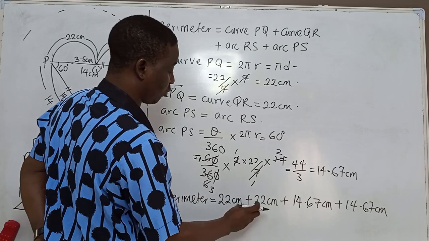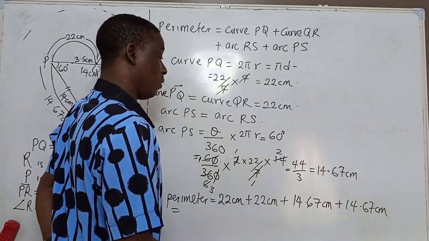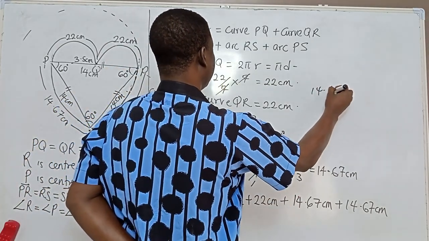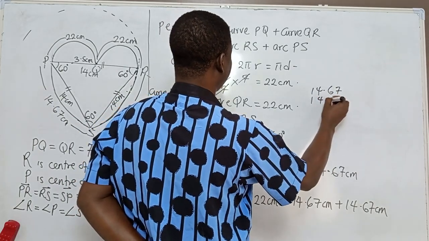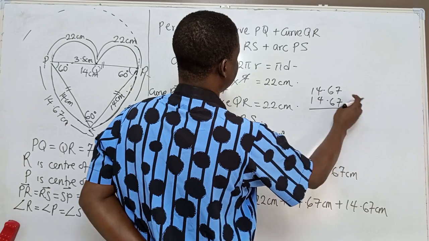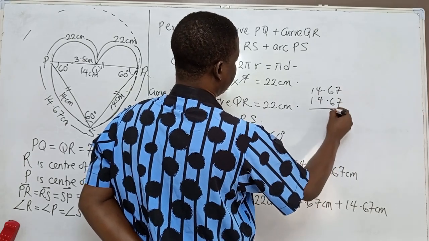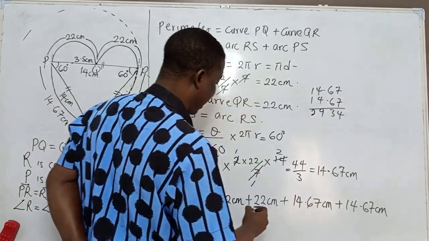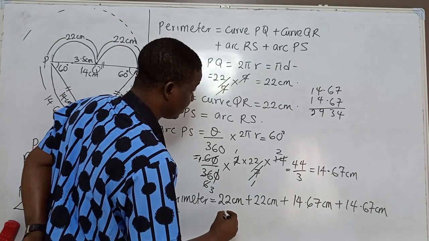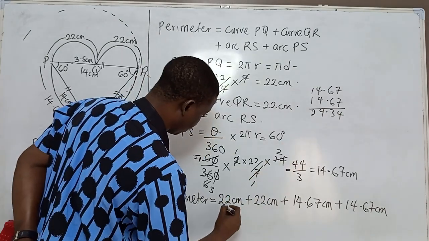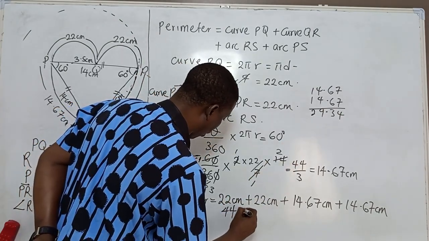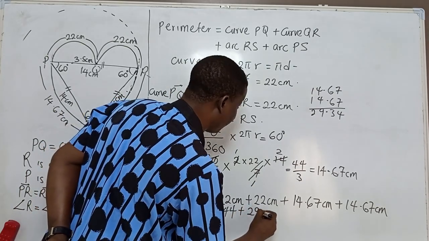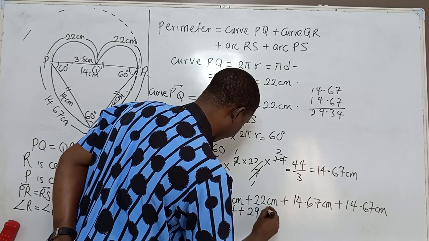22 plus 22 is 44. Now 14.67 plus 14.67: 14 carry 1, 12, 13 carry 1, 8, 9, then 2, 29, point 34. So 29.34.